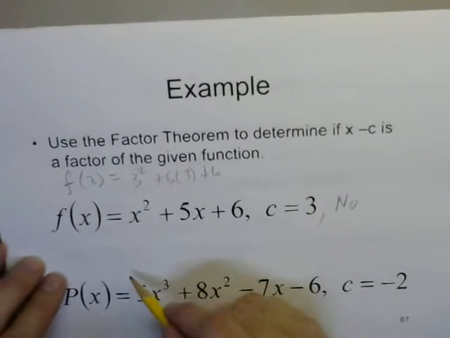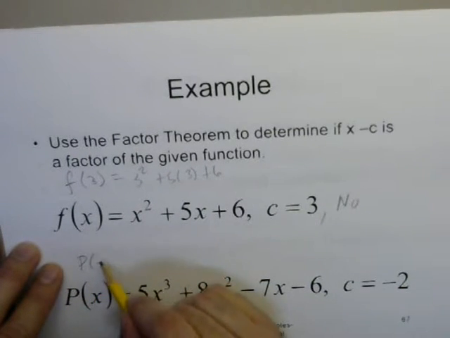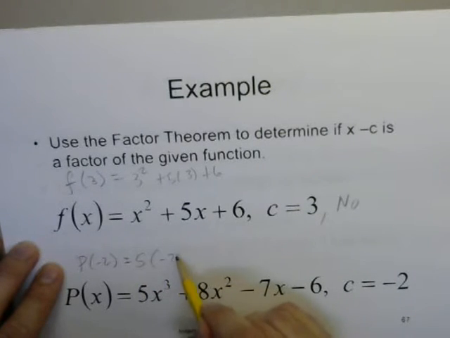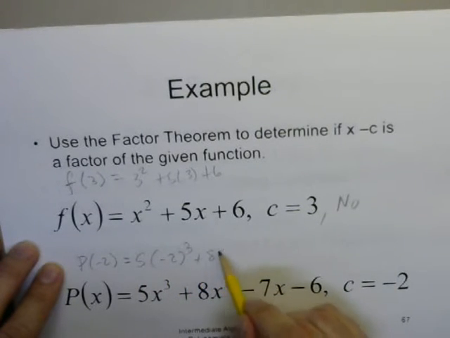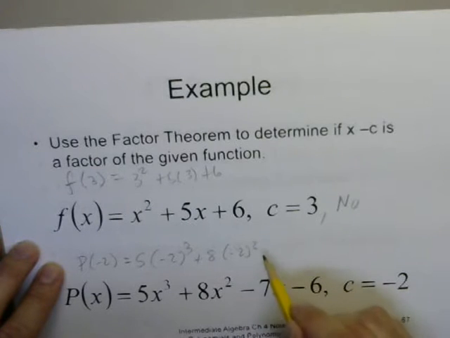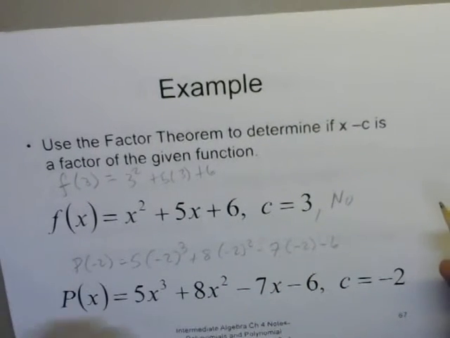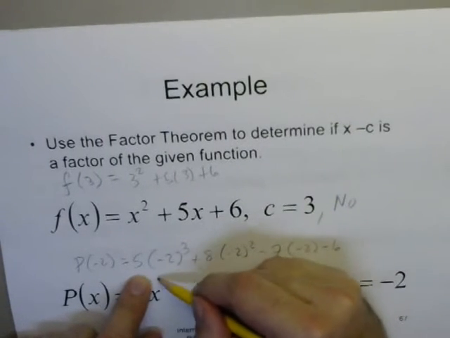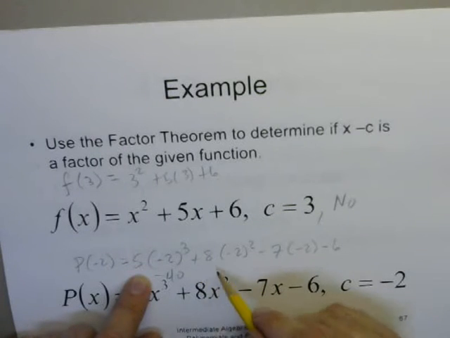If you take negative 2 and put it in here, as p of negative 2, is that 0? So in this case, you'd have 5 times negative 2 cubed plus 8 times negative 2 squared minus 7 times negative 2 minus 6. Is that equal to 0? You'll get 5 times negative 8, so that would be negative 40, plus 32, because negative 2 squared is 4, plus 14 minus 6.